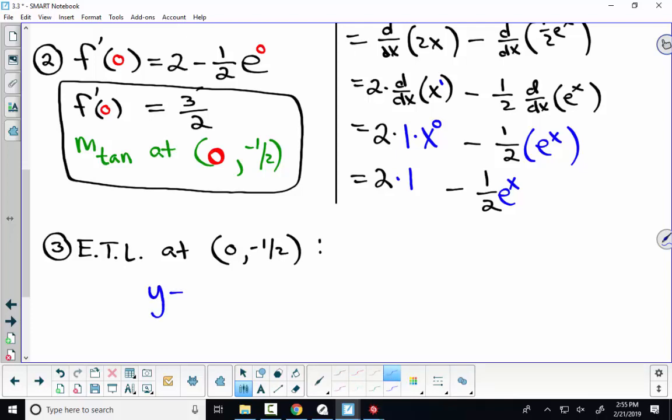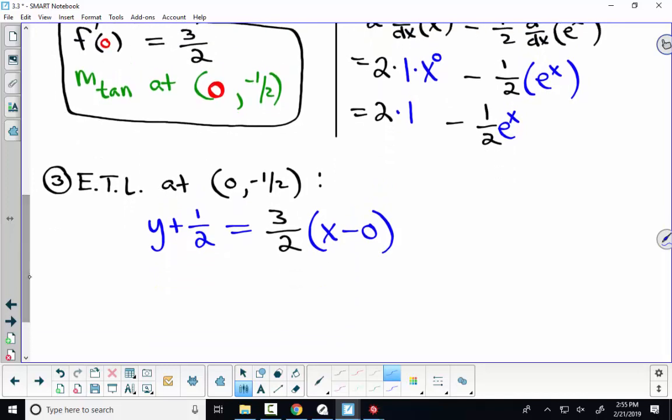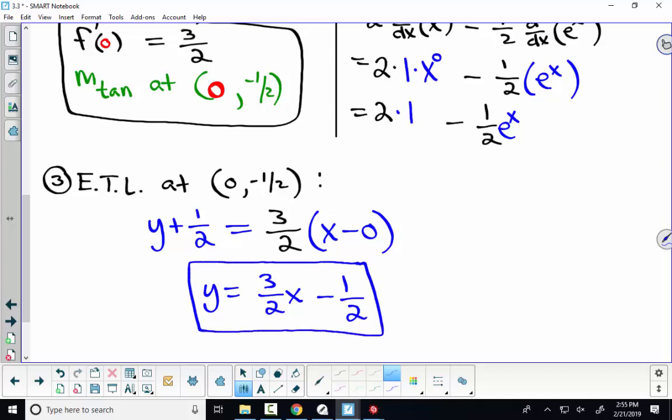Point-slope form: y minus the y coordinate equals the slope of the tangent line, 3/2, times x minus the x coordinate. So y is 3/2 x minus 1/2.